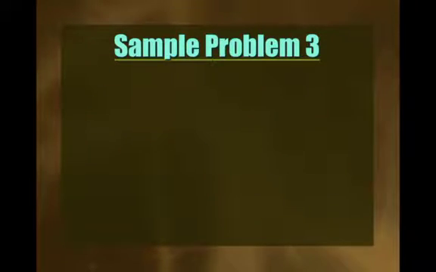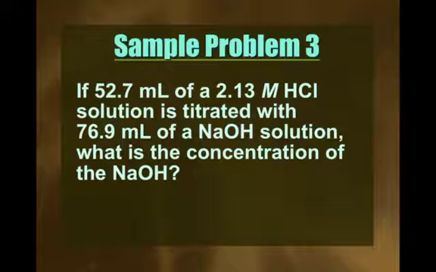All right, let's take a look at a sample problem here to see how this works. If a 52.4 milliliter sample of a 2.13 molar hydrochloric acid solution is titrated with 76.9 milliliters of a sodium hydroxide solution, what is the concentration of sodium hydroxide? Now remember, do not forget what concentration means, okay?